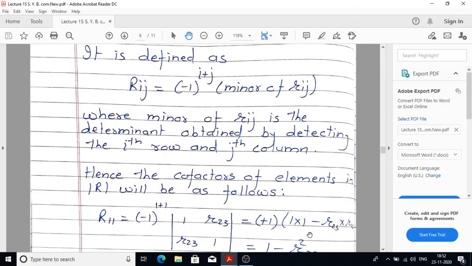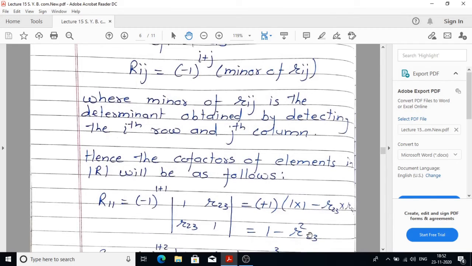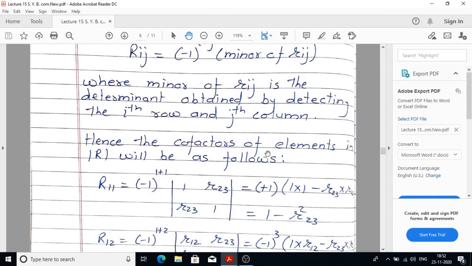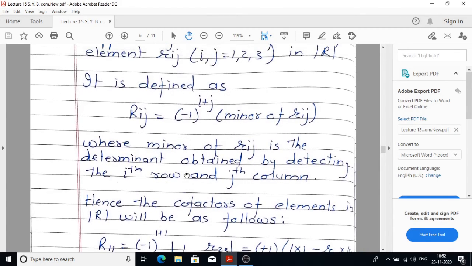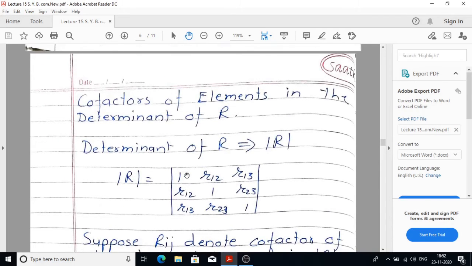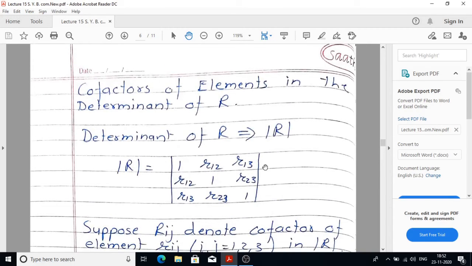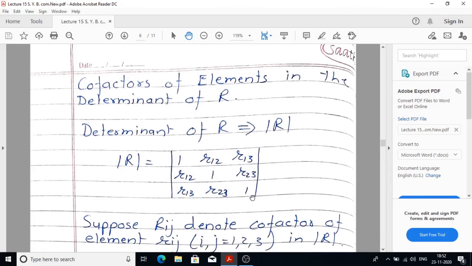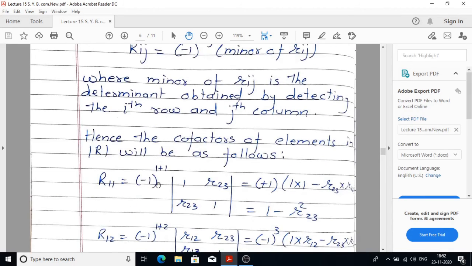Hence, the cofactors of elements in determinant R will be as follows. R11 is equal to minus 1 raised to 1 plus 1. Delete first column and first row. See the matrix R. So first row and first column, if you delete it, the remaining part will be 1, R23, R23 and 1.